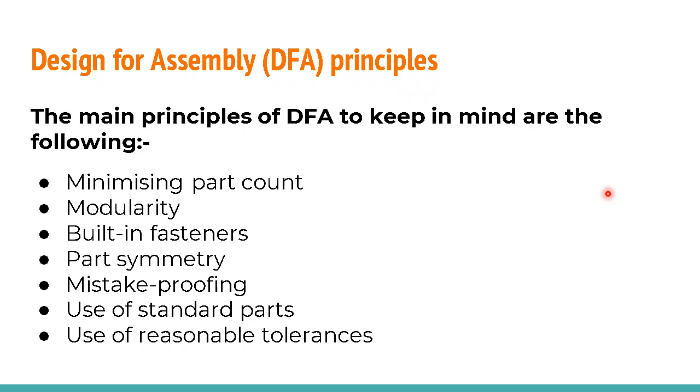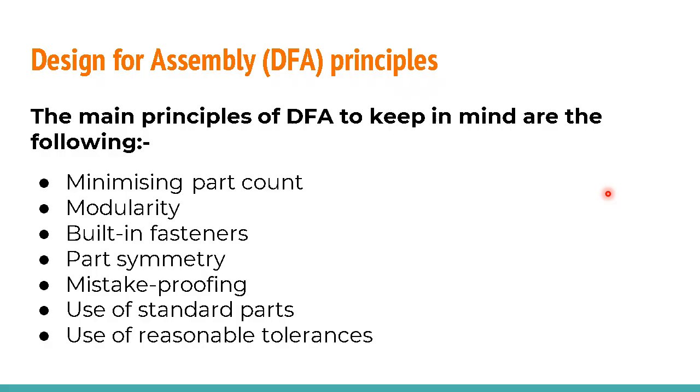What are the principles of design for assembly? The main principles DFA keeps in mind are the following: minimizing the part count, modularity, built-in fasteners, part symmetry, mistake proofing, using standard parts, and using reasonable tolerances.